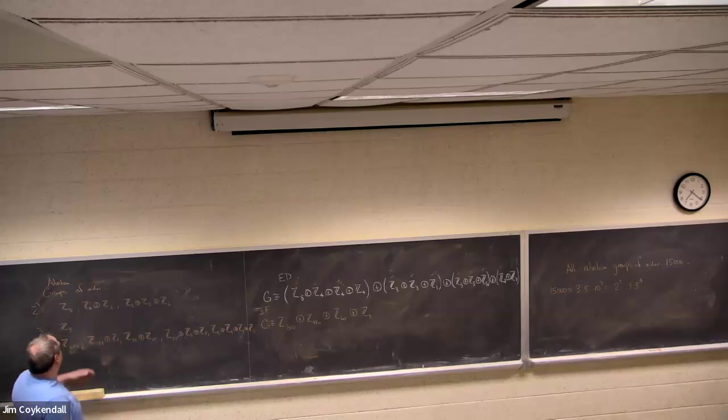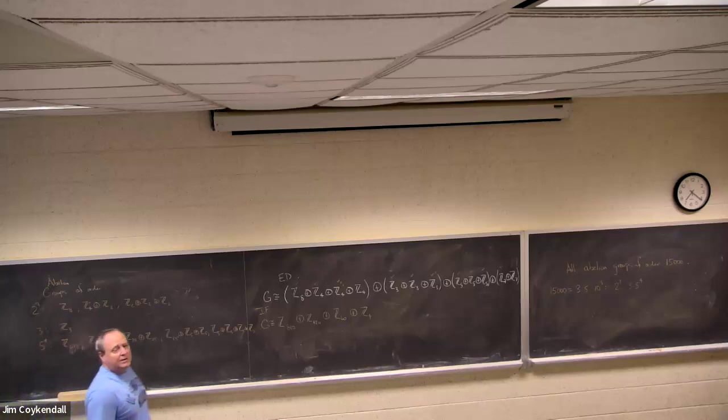So basically what you're doing is you've got 3 things to pick from here, and 5 things here. So there's 15 ways to go.